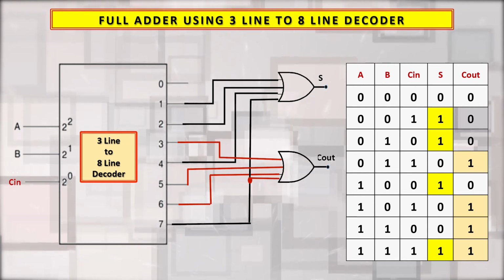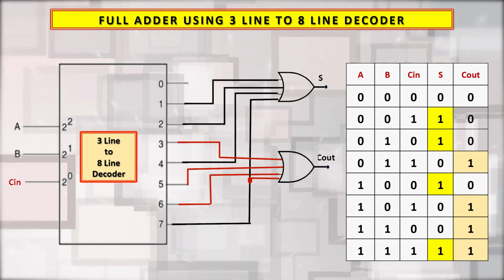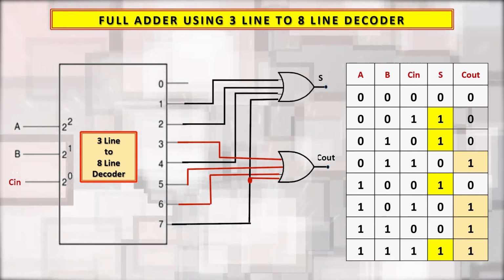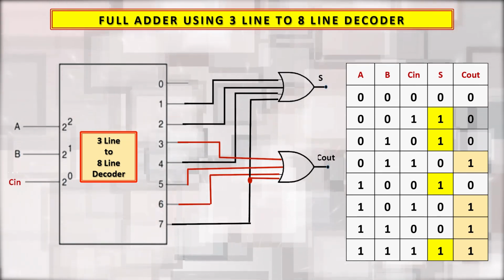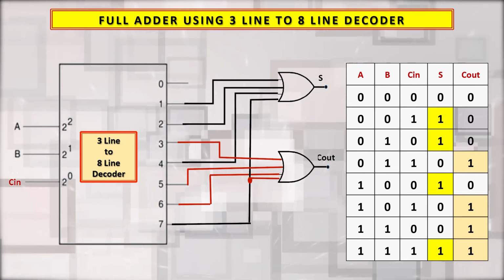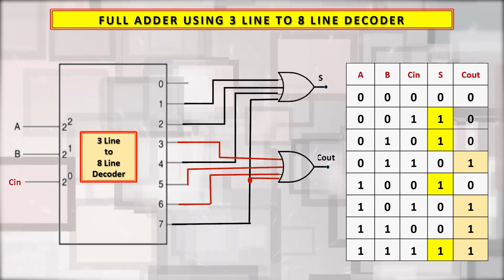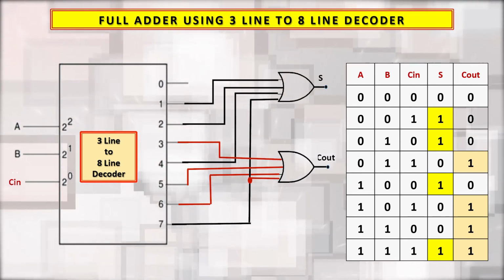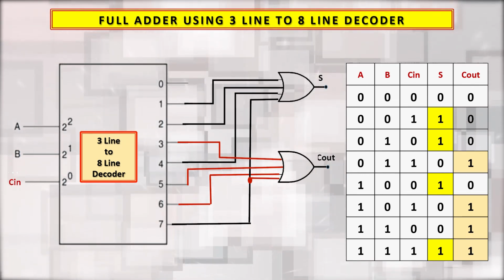Then next we have to realize the sum bit. Now, see, the sum bit is high when the input is 001, that is at 1, when the sum is high at 2, and when the sum is high at 4. So we will take all the cases when the sum bit is high.